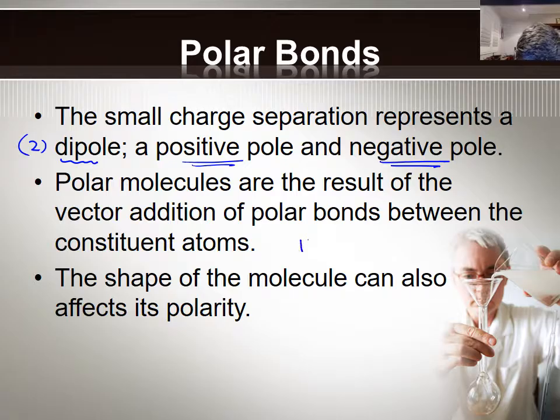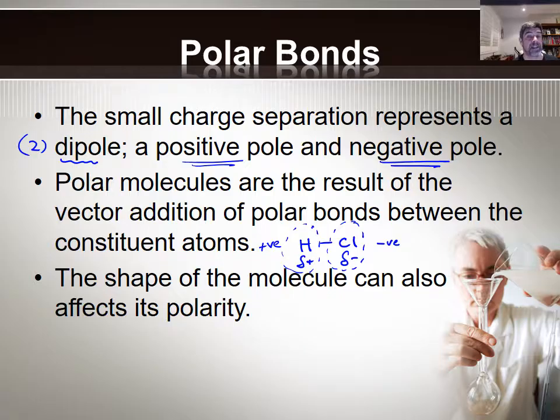In a situation where we have a linear molecule and a slight negative and a slight positive as a consequence of that, then we know that there's very clear polarity. This side of the molecule has a negative charge, this side of the molecule has a positive charge, and we have a very clear dipole.